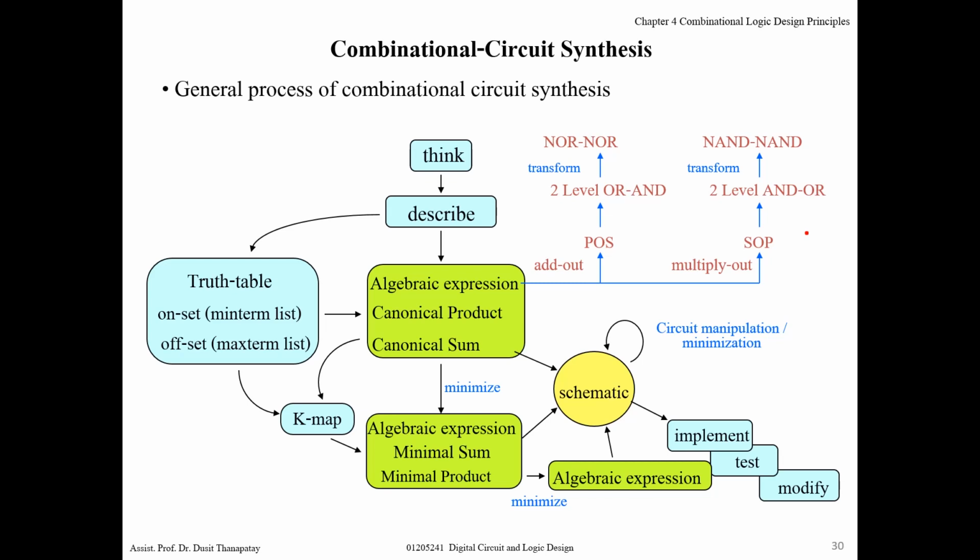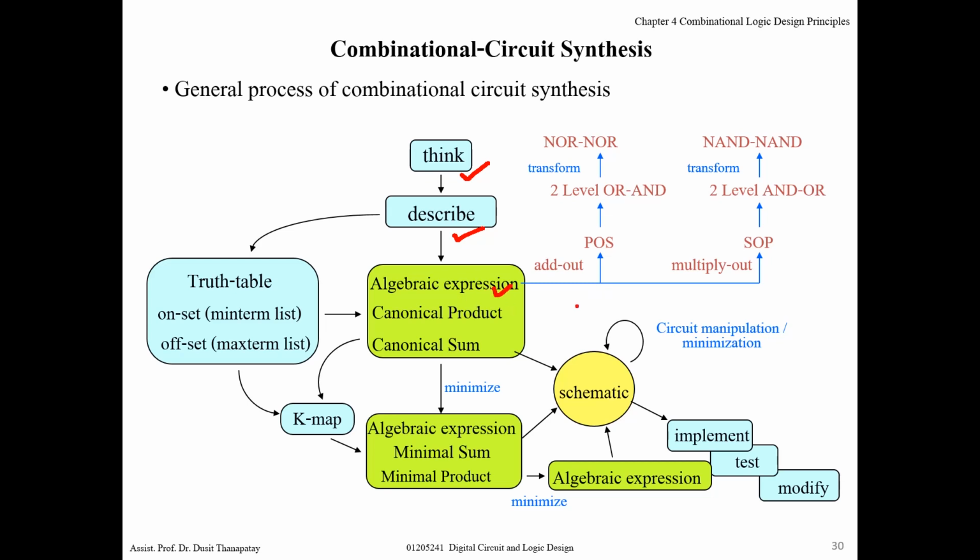So that means to implement the computational circuit, for the general process, maybe start with thinking first, and maybe describe by using some words or some mathematical expression, like this.